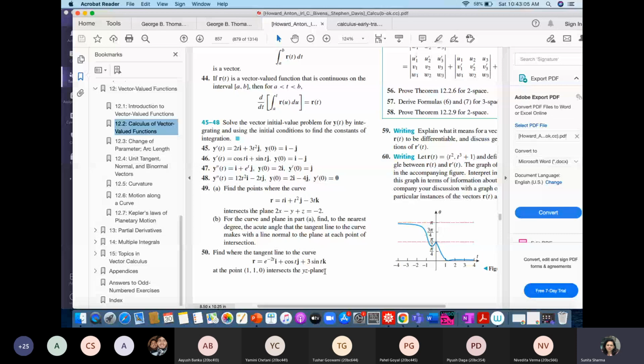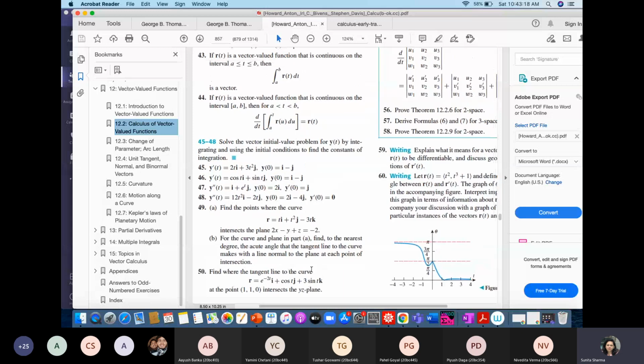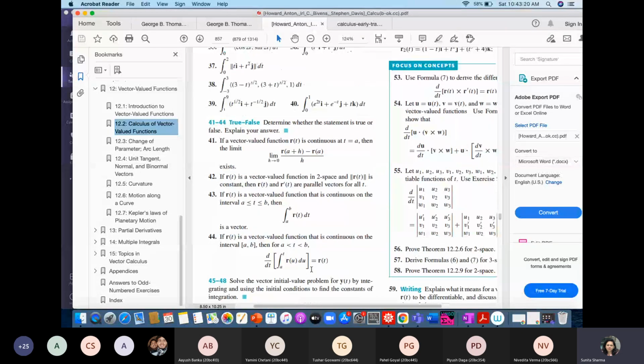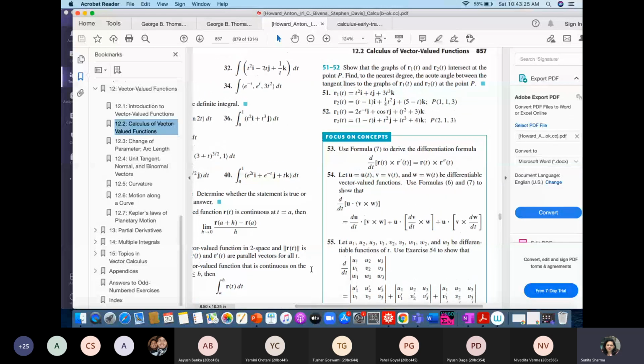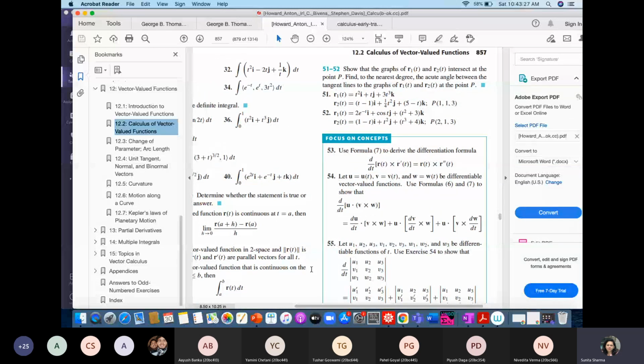So whatever X component you get in the tangent line, you are going to equate it to 0 to get the intersection point, and that will give you some value for T. Then putting it here, you will get the point. So try doing these two questions. I can discuss them in the tute also in case anyone has doubts.